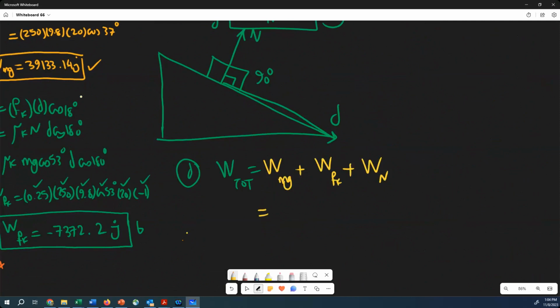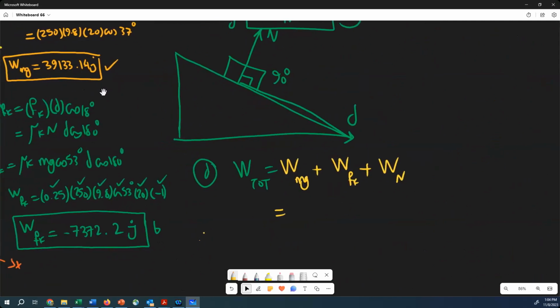What was the work of mg? Okay, we have it here: 39,133.14 joules, plus, this is negative, negative 7,372.2 joules, plus 0.